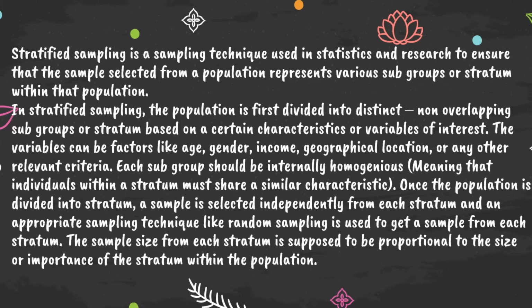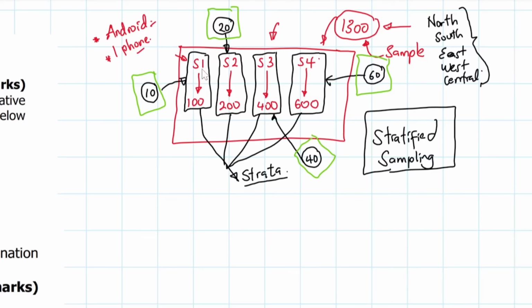The sample size from each stratum is proportional to the size or importance of the stratum, like we had already done here, where each sample that we picked is proportional.